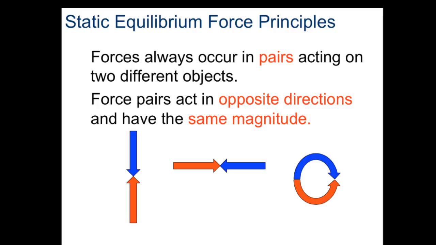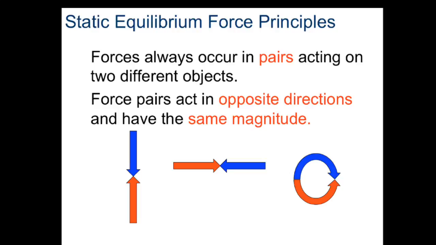Okay. Static equilibrium force principles. If things are in static equilibrium, you always have force pairs. Forces always occur in pairs, acting on two different objects. If two objects come into contact, there's a force from one object to the other, and also backwards from that object to the first one.